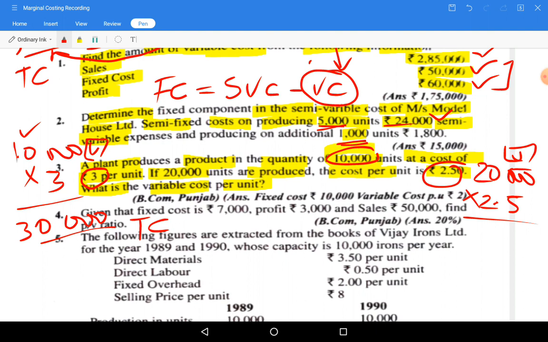Yes, it is 50,000. Here total cost is 50,000, here total cost is 30,000. Now change in cost, 50,000 minus 30,000.